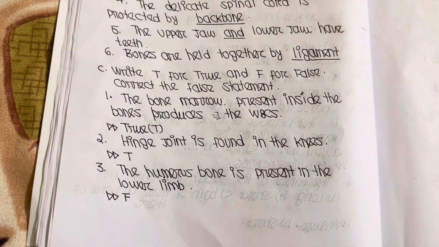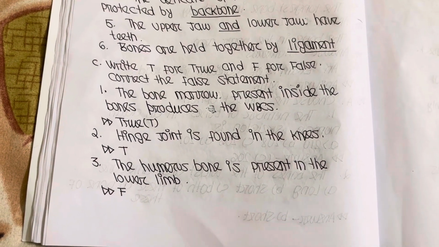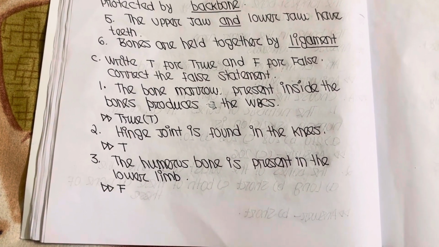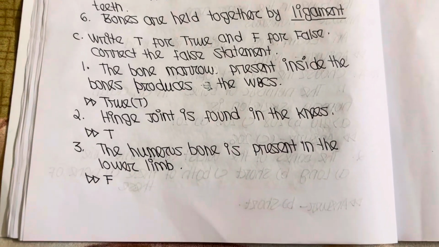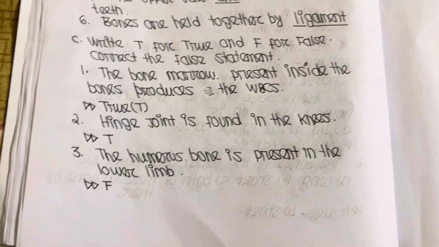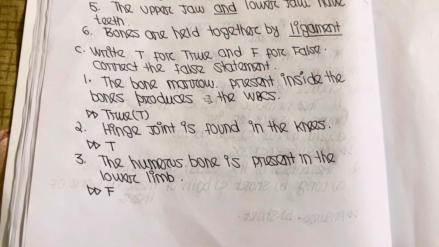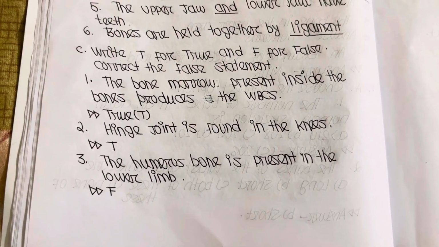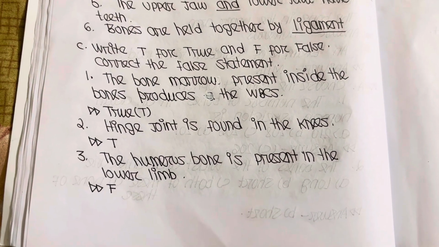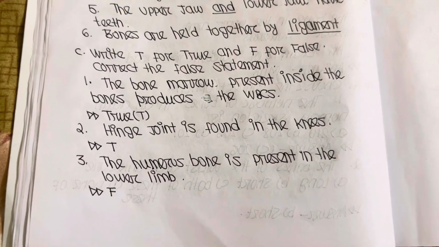Number 2. Hinge joint is found in the knees. It is true. The humerus bone is present in the lower limb. It is false. Actually, the correct statement would be the humerus bone is present in the upper limb. This is the correct statement.